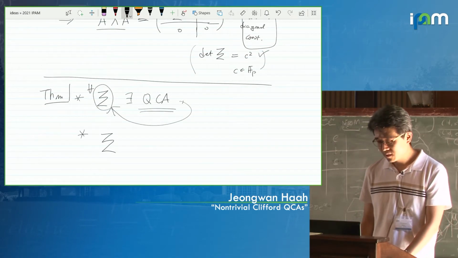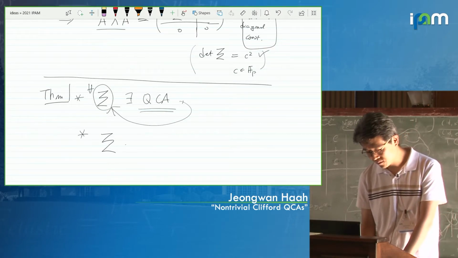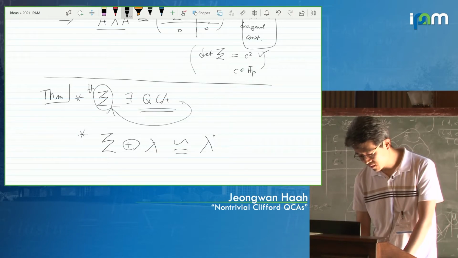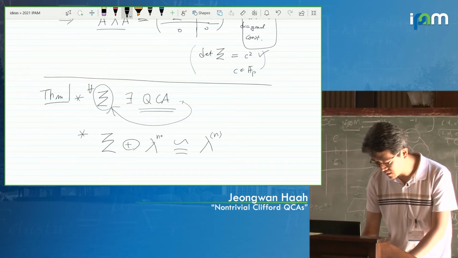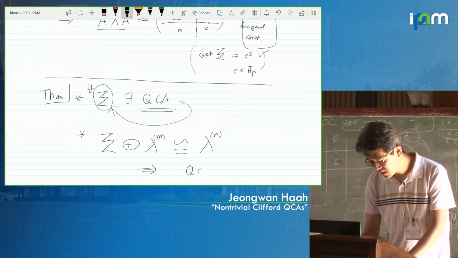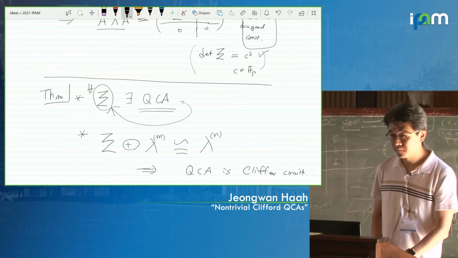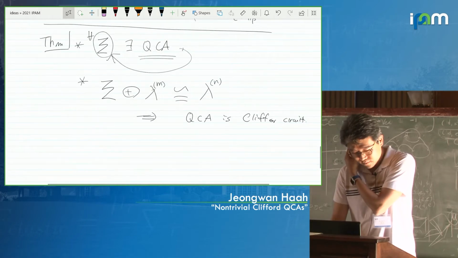And another thing, if your anti-Hermitian matrix is stably congruent, so you add in some symplectic auxiliary piece, if this is congruent to another symplectic matrix of a slightly larger dimension, then the QCA is actually a Clifford circuit. Are they all order 2?